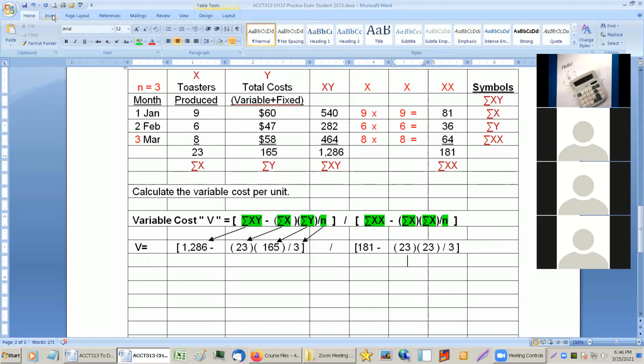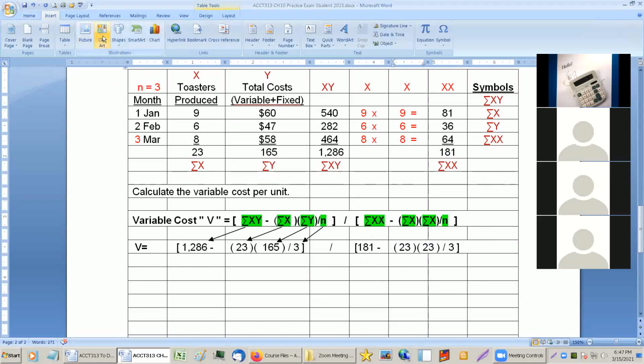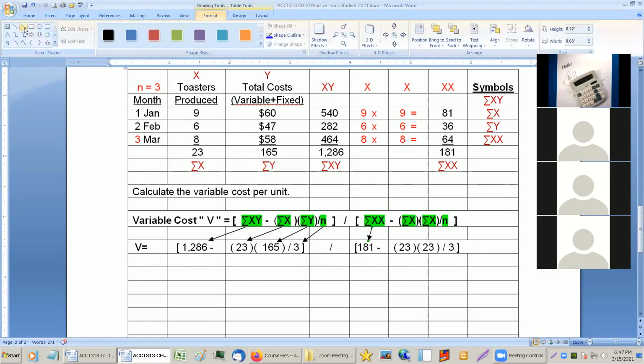Okay, so let's insert my little shapes here. That's that one. That's that one. That's that one. That's that one.